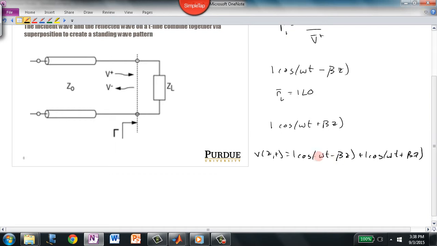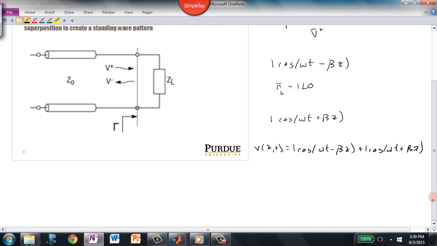The beta terms inside of the cosine function have opposite signs because one is a positive traveling wave and one is a negative traveling wave. And because the arguments of the cosines are different, we can't directly add those two. Instead, we have to use a trigonometric identity to add those two.